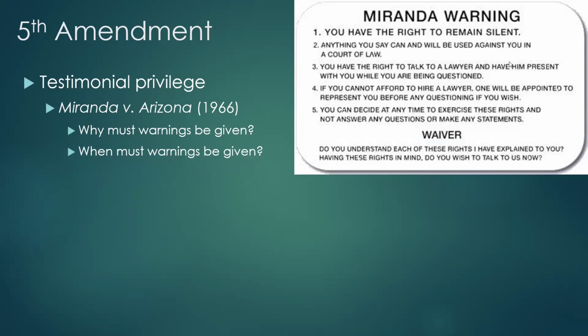Interrogation means activity, not just questioning, but any activity designed to elicit an incriminating response from the defendant. So put that together and you get a custodial interrogation. The suspect reasonably believes that he is no longer free to leave, and the police activity is designed to elicit incriminating responses. That is when the warning has to be given.